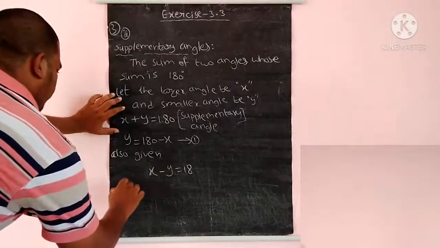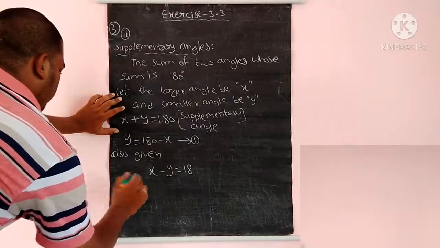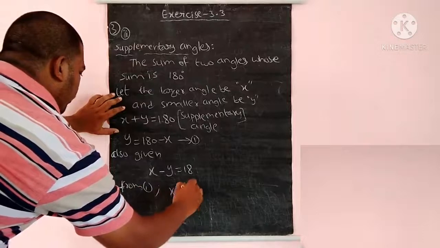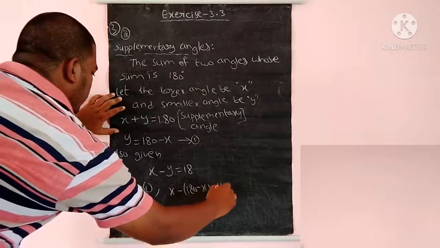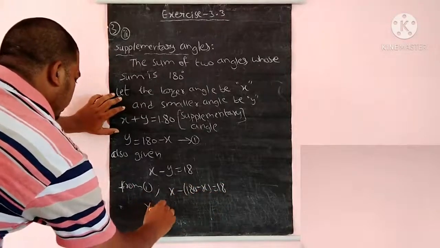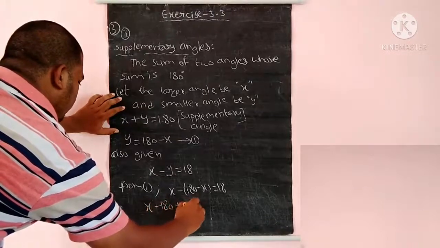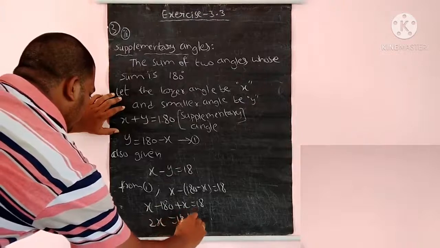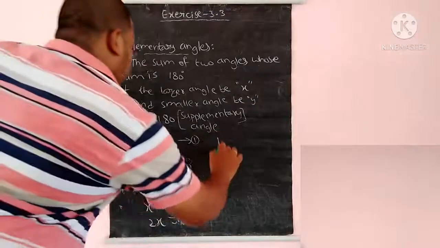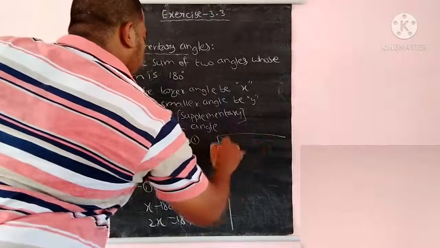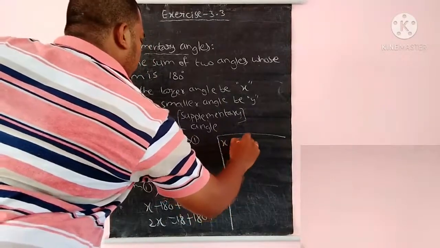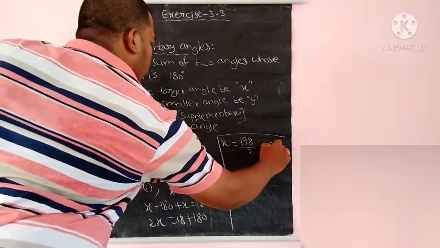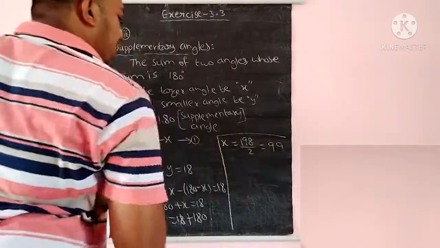So from 1 we can write x minus of 180 minus x equals 18. x minus 180 plus x equals 18. 2x equals 18 plus 180. x equals 198 by 2, that is, 2 nines are 99.